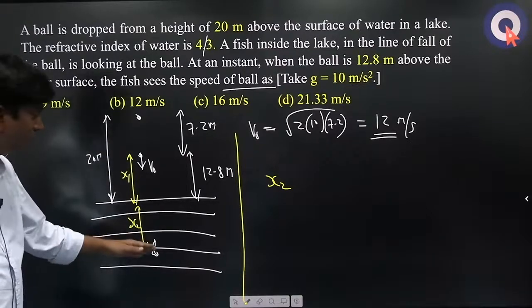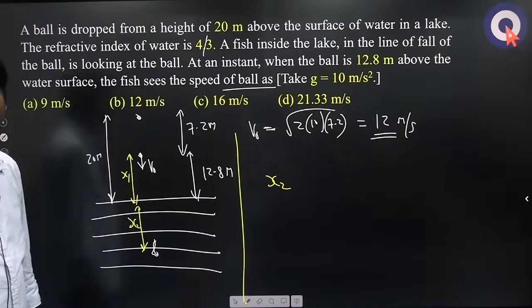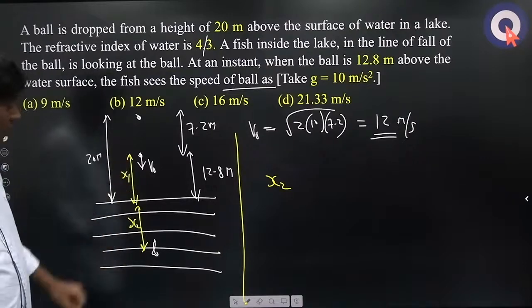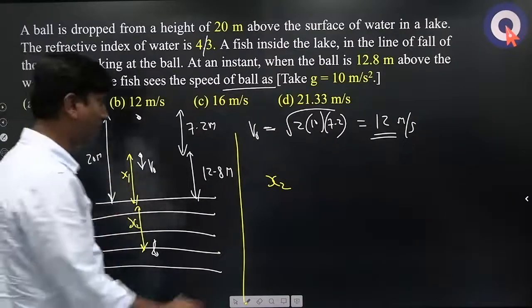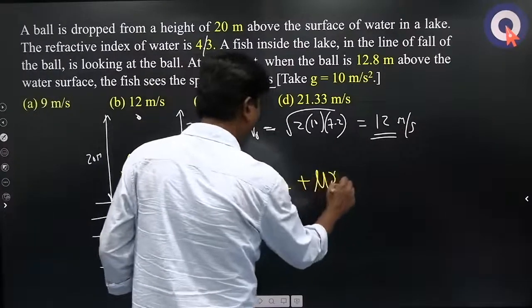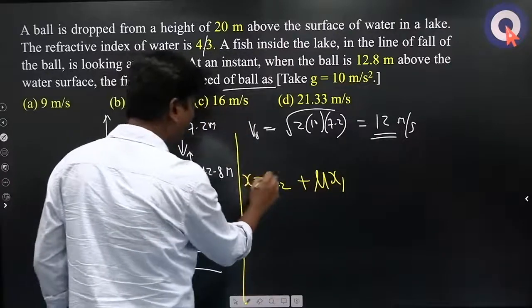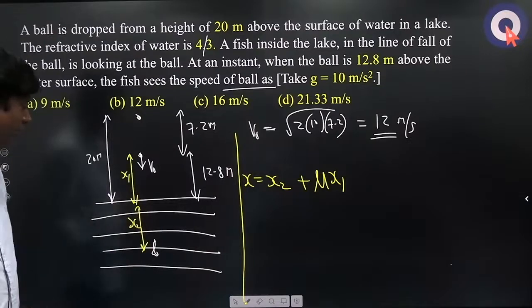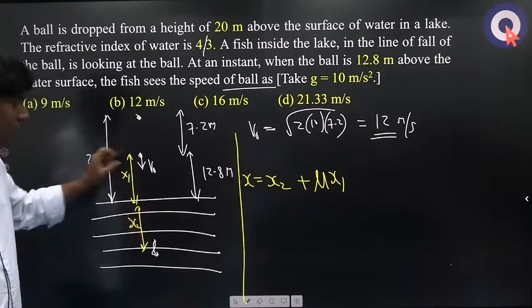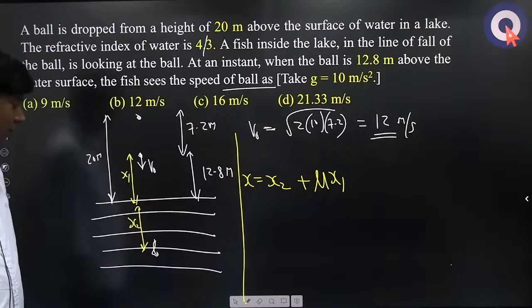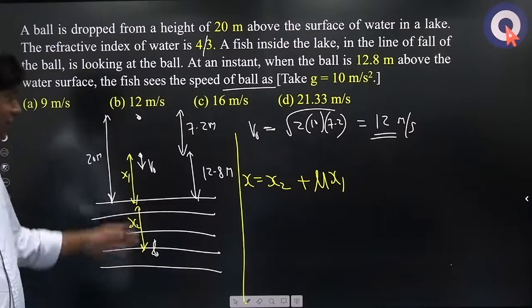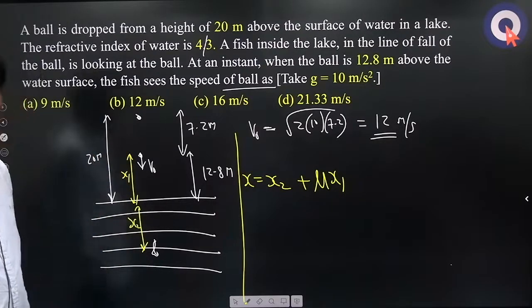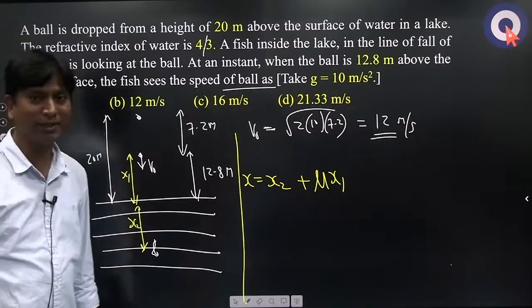Because the fish is in the denser medium and the object is in the rarer medium. This is the total distance of the ball according to the fish: x2 plus nu times x1.